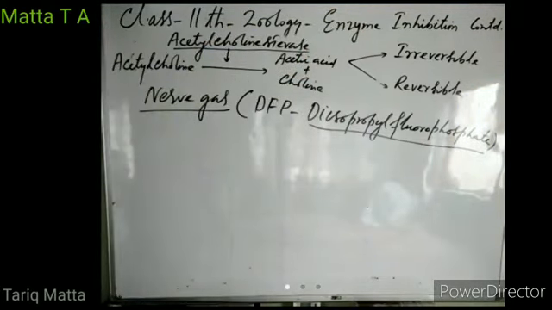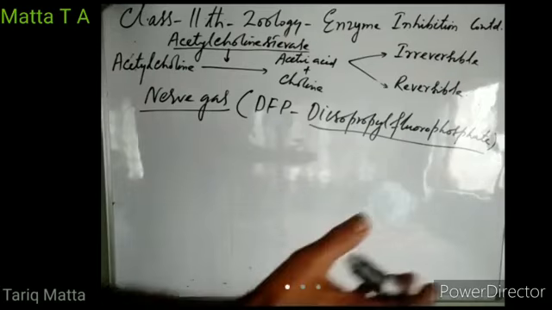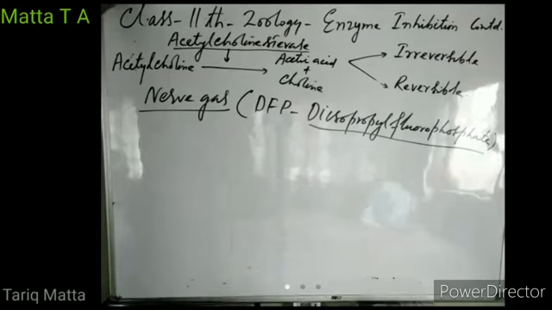Diisopropyl fluorophosphate, DFP, is commonly known as gas. It kills a lot of people in biological warfare. And those people who are killed by this gas, they die with outstretched limbs and wide open mouth.